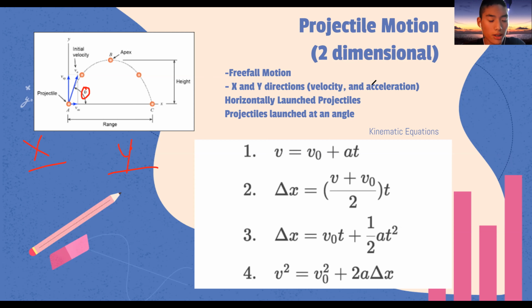So in the x direction, which is basically this way, and the y is this way, there is no air resistance, and so the object is actually moving in the x direction at the same rate. So your velocity is always constant. It's never changing.